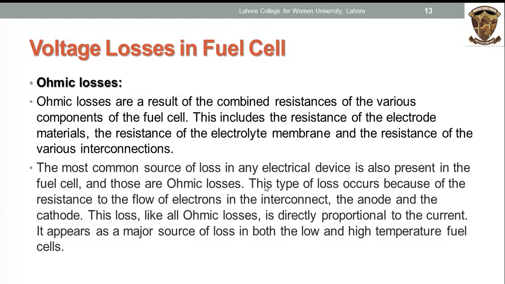This type of loss occurs because of the resistance to the flow of electrons in the interconnect, the anode, and the cathode. This loss, like all ohmic losses, is directly proportional to the current. It appears as a major source of loss in both the low and high temperature fuel cells.